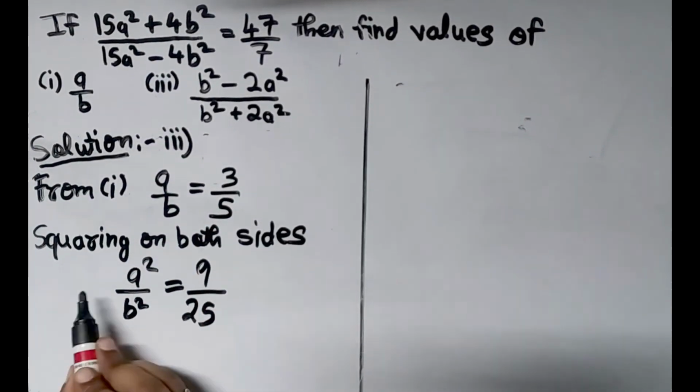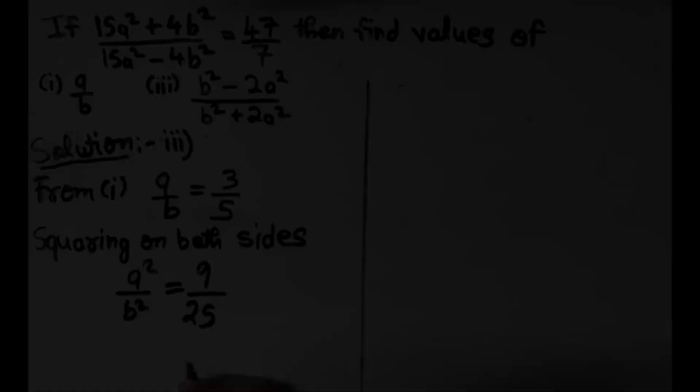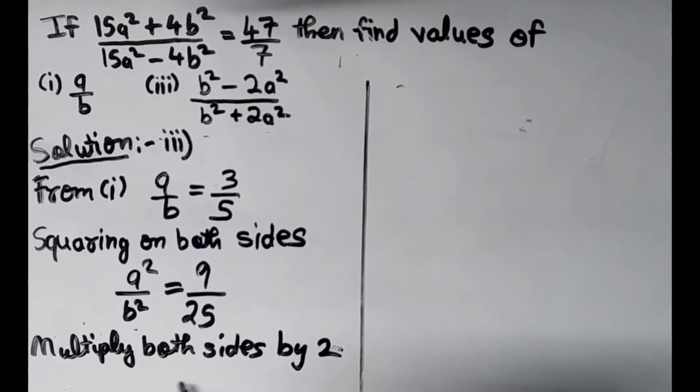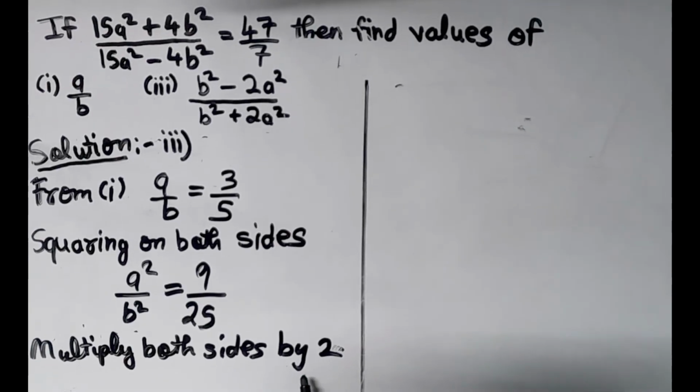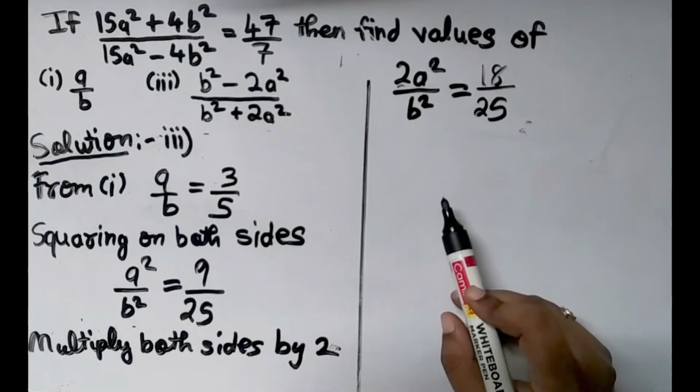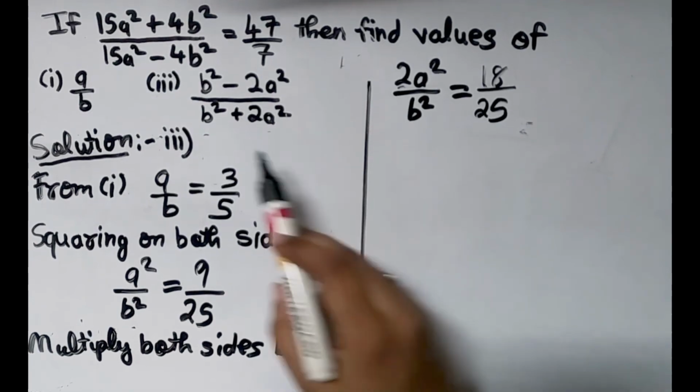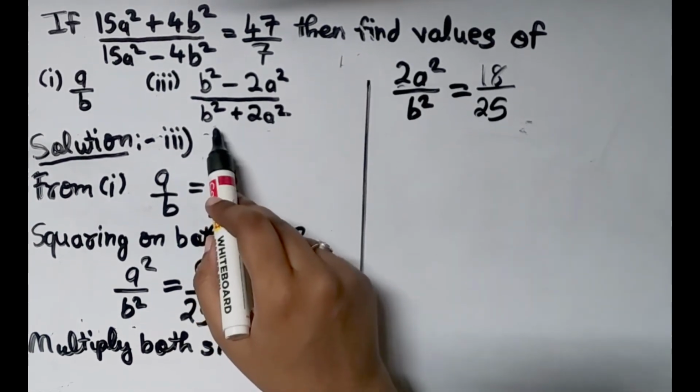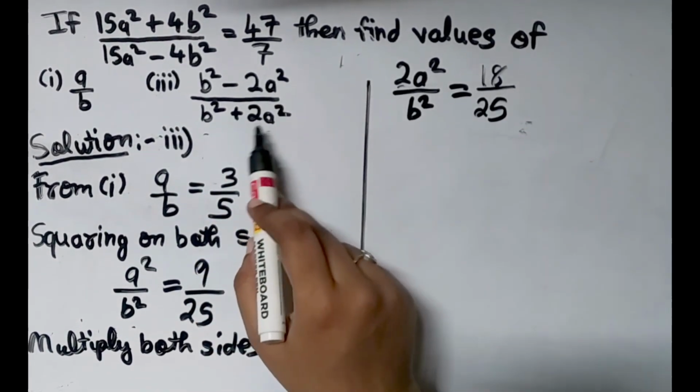So we will multiply both sides by 2. So what we will get here, 2a square upon b square equal to 2 into 9, which will be 18 upon 25.